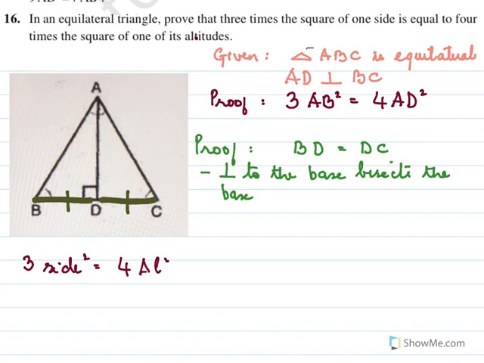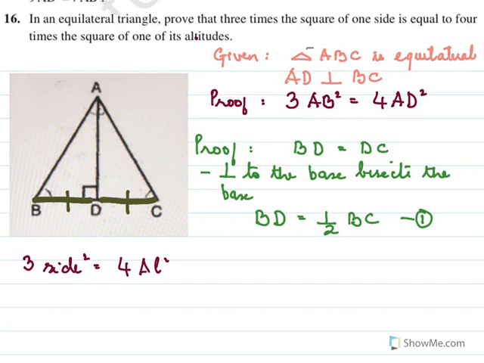This happens in equilateral triangle, and we're going to use this later. So BD is half of BC, and this is what I'm going to use later.